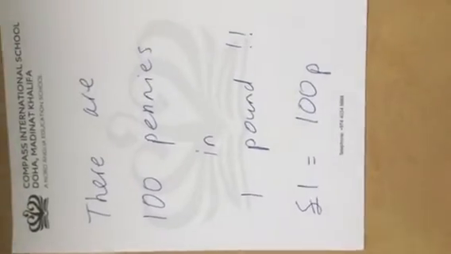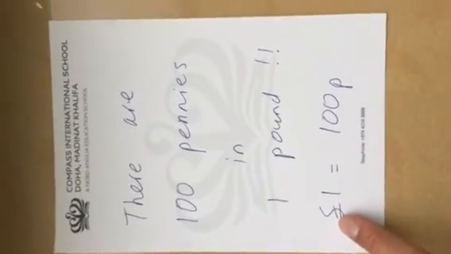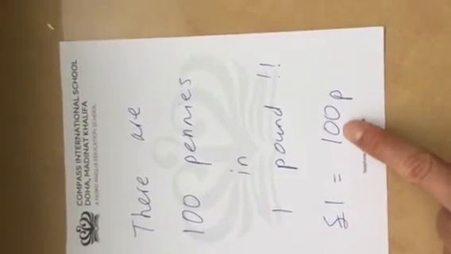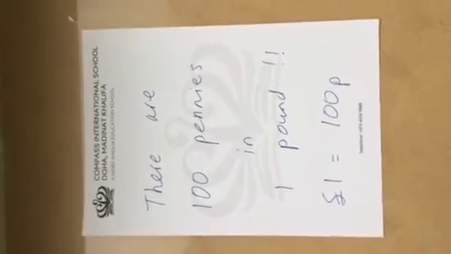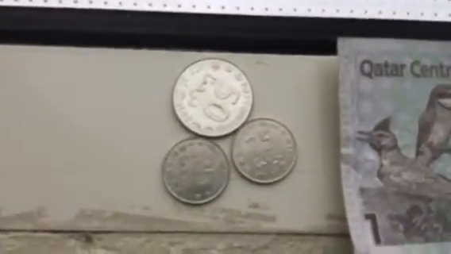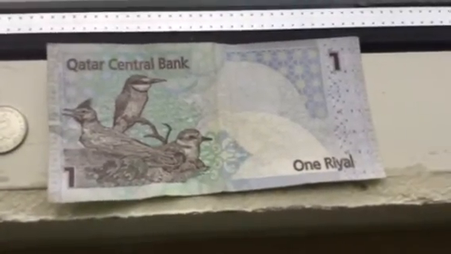Therefore, £1 is the same as 100 pence. 100 pennies in £1. Just like there are 100 dirhams in 1 real. And that is the first thing that we need to understand.